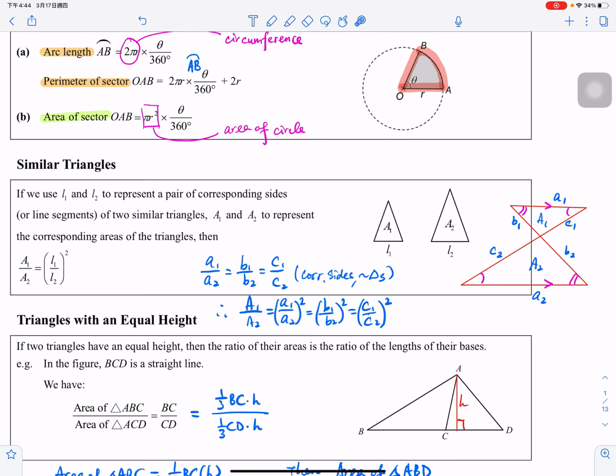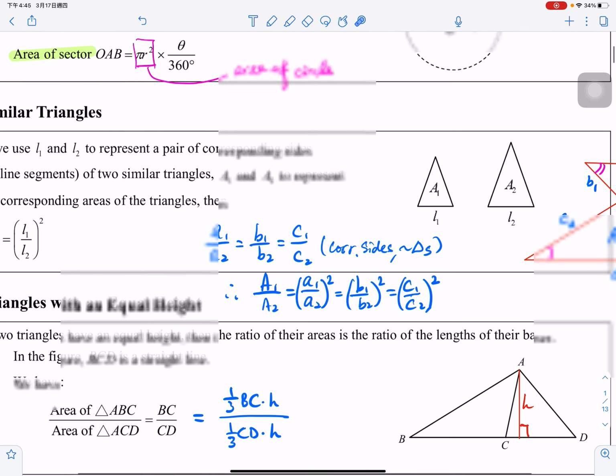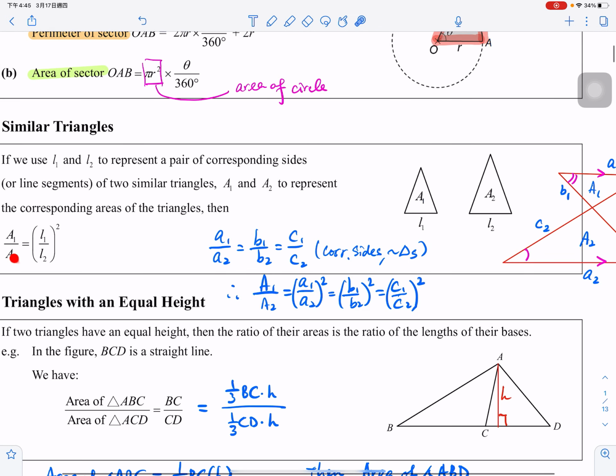If you have the lengths L1 and L2, then the area ratio we can find from the length ratio squared. So A1 over A2, or A1 to A2, is L1 over L2 all squared. You can find it from the length.